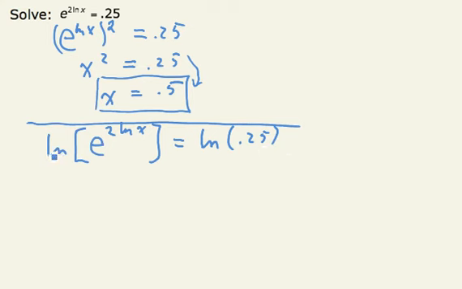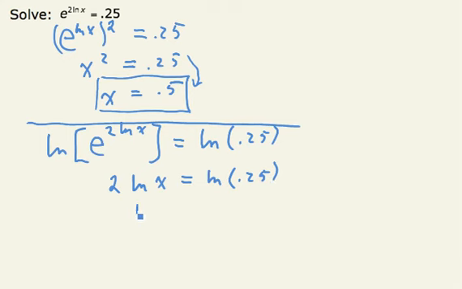If I simplify this expression, the natural log of e to any power is just that power. 2 times the natural log of x equals the natural log of 0.25.